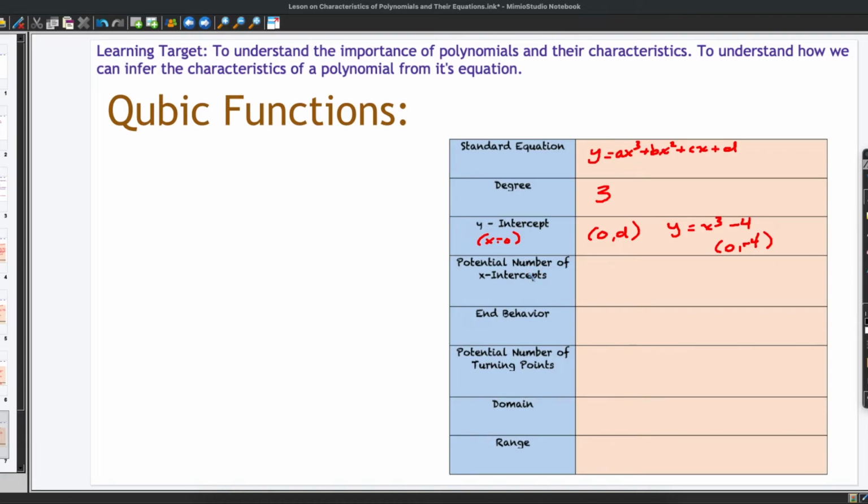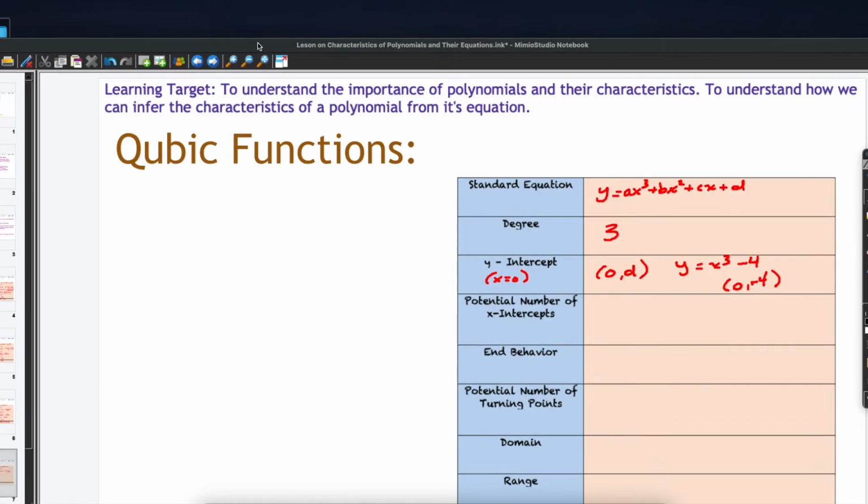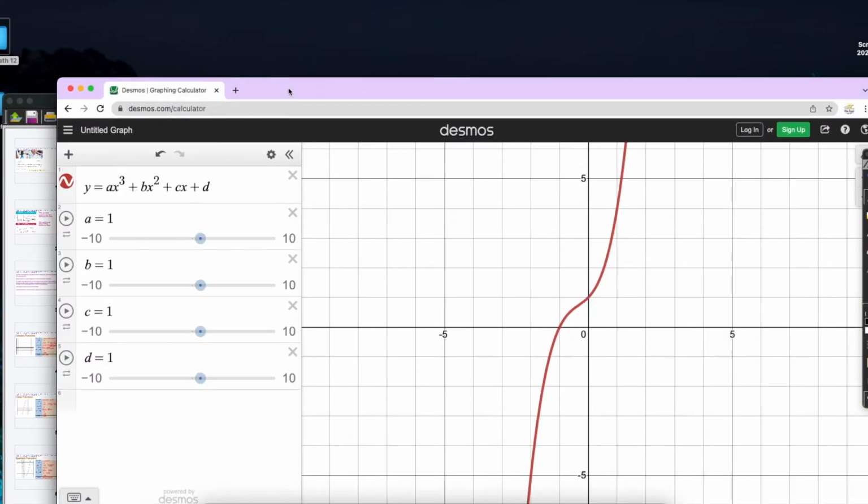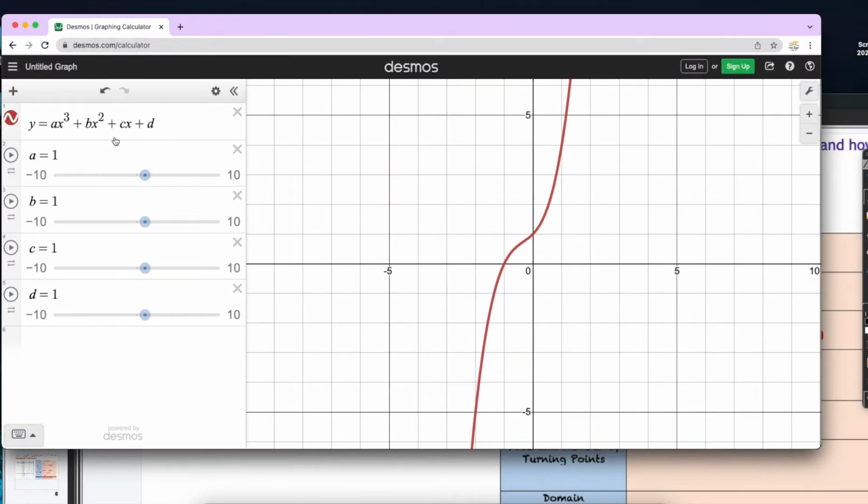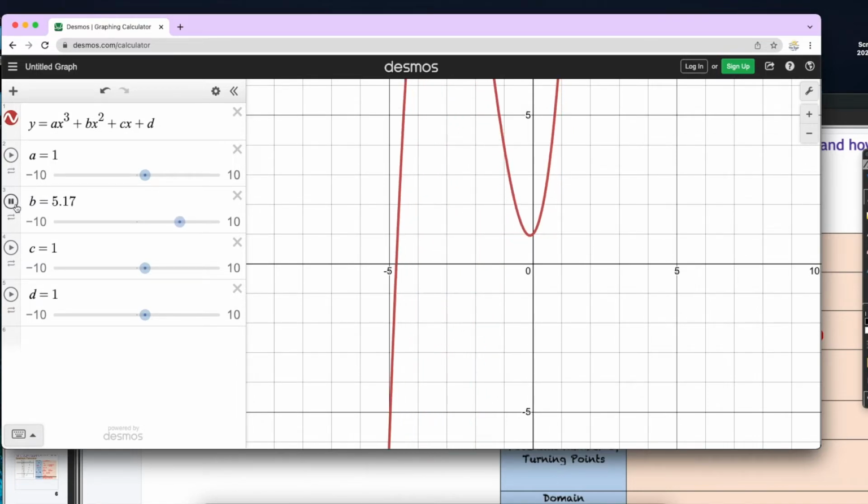So in terms of the potential number of x-intercepts, with cubics, we've got kind of an interesting scenario on the go. So let's jump over to Desmos for a second. And I changed the coefficients to match the ones we have in our notes. Now, truthfully, you're only going to ever care about A and D in terms of telling stuff from the interior coefficients.